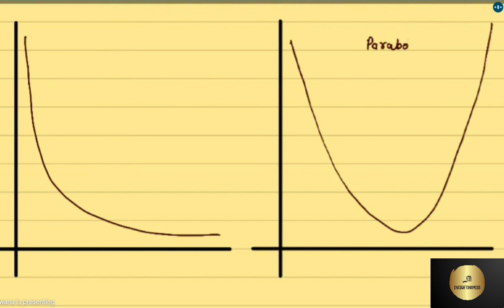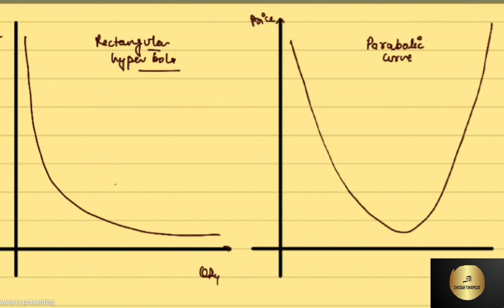This is known as a parabolic curve. This is a rectangular hyperbola. In case of non-linear demand curves, we use integration to find the consumer surplus. So here is your price, quantity, and price.